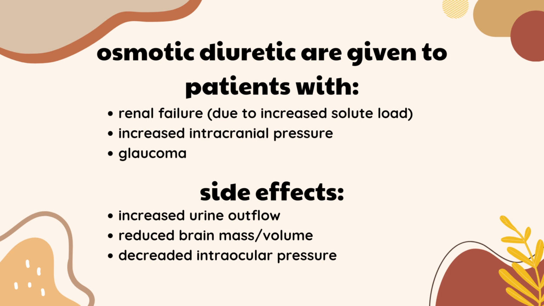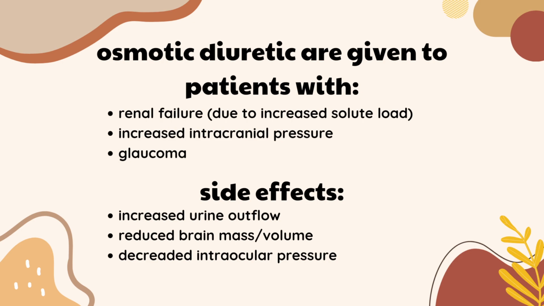Firstly, patients with renal failure due to an increased solid load. Secondly, patients with increased intracranial pressure. And thirdly, individuals with glaucoma. The certain side effects of osmotic diuretics are increased urine outflow, a reduced brain mass or volume, and thirdly, decreased intraocular pressure.